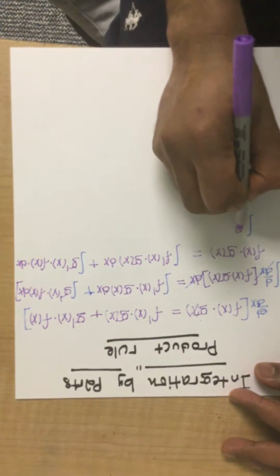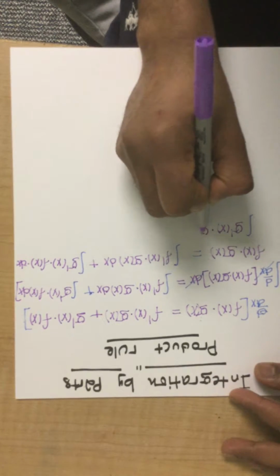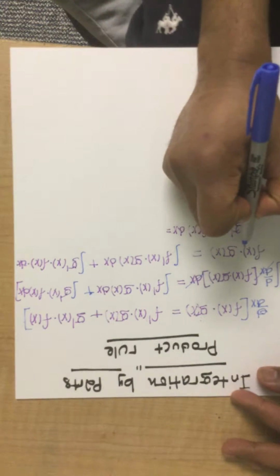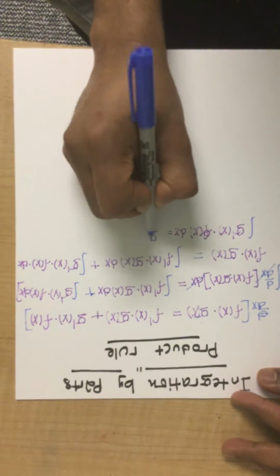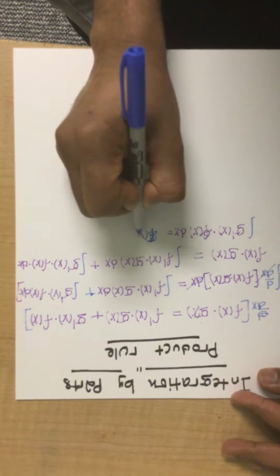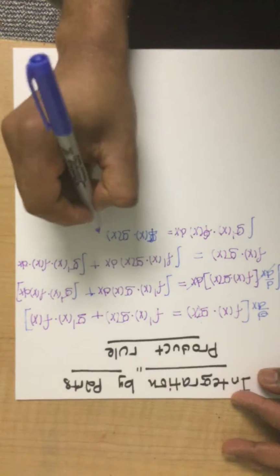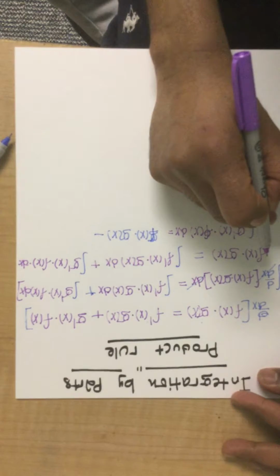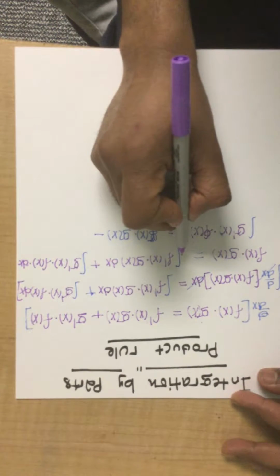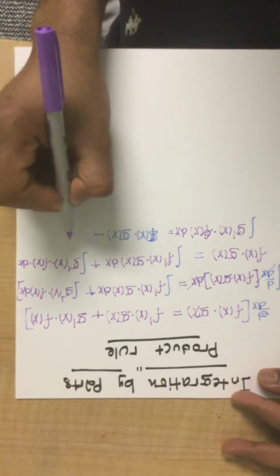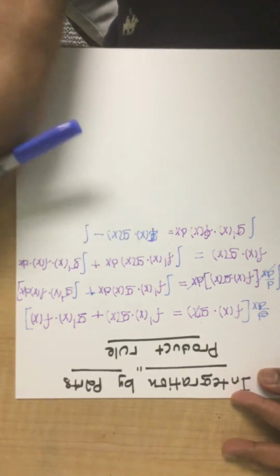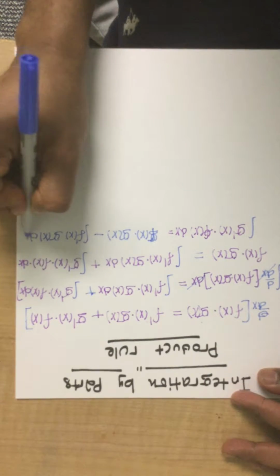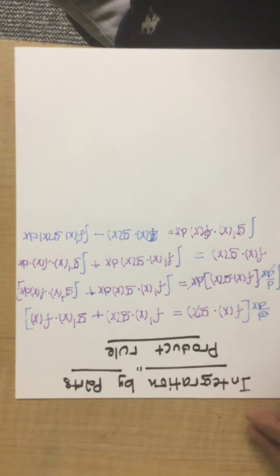The integral of g prime of x times f of x dx is equal to f of x g of x minus, since we're going to move this integral to the left hand side, our sign is going to change to minus, the integral of f prime of x g of x dx. All right.